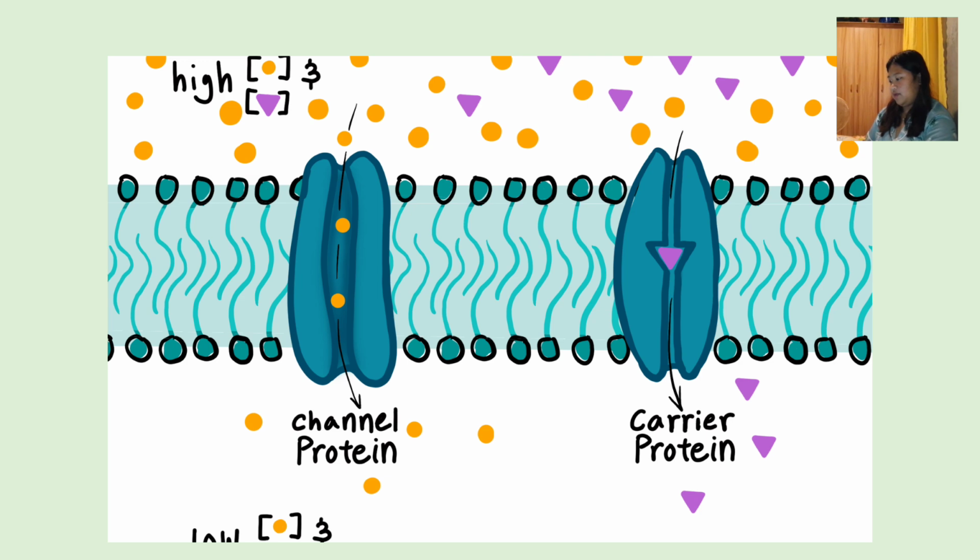Like you can see in the picture, they use the channel protein as a passage so they can go inside the cell membrane. It also starts from high concentration to low concentration.